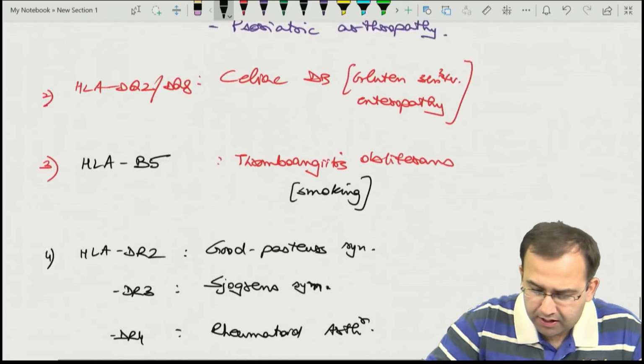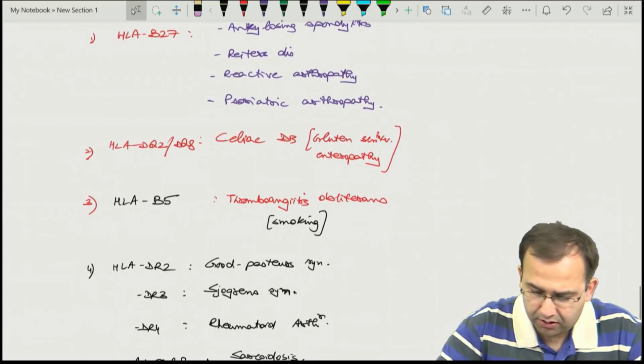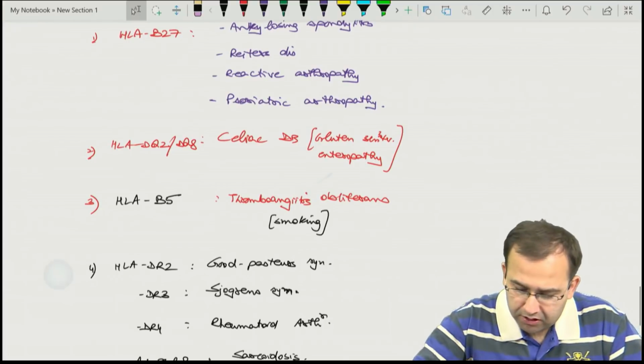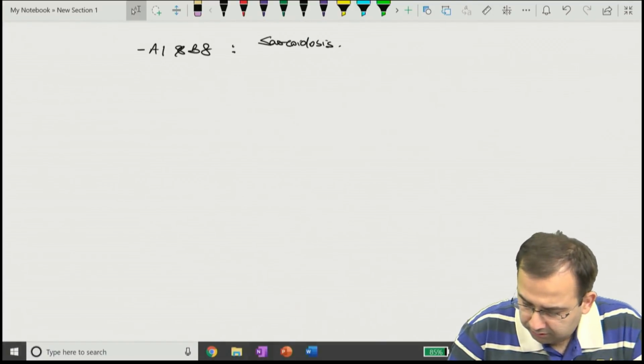These are the diseases associated with HLA. This page is asked again.